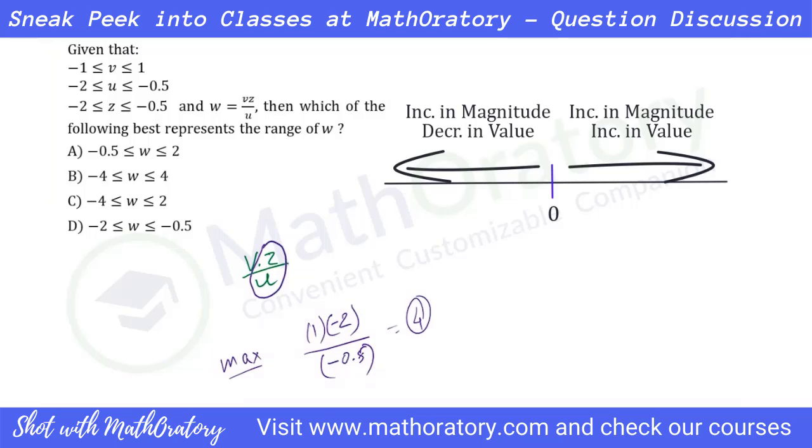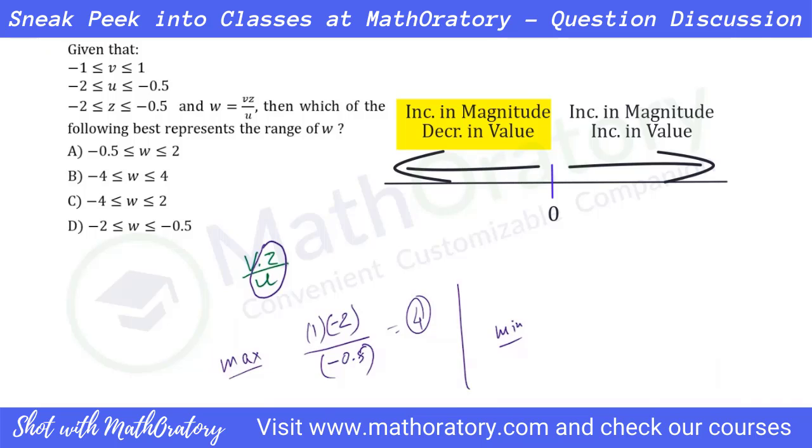4. Similar idea, if we go with the minimum, in order to minimize this as far as possible, we'll make this negative. And it is possible to be made negative, right? V can be taken as negative. So on the negative side, in order to reduce the value, we again have to increase the magnitude, right?